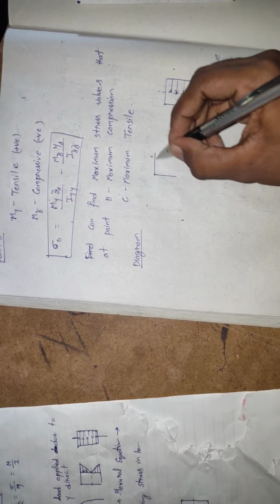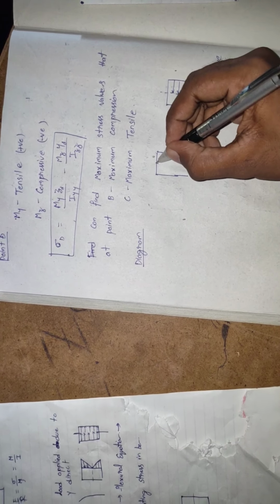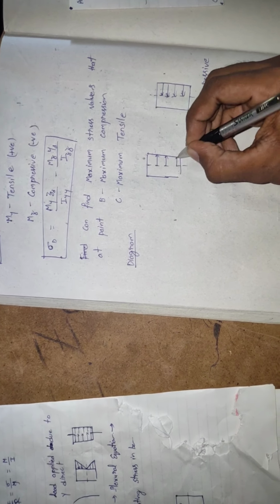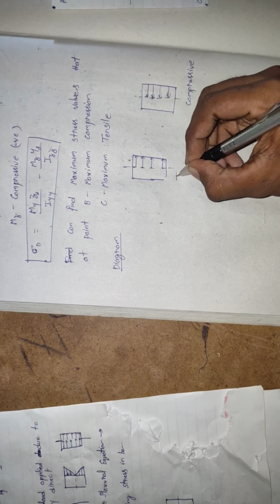If the arrows representing away from the axis represent tensile, okay.